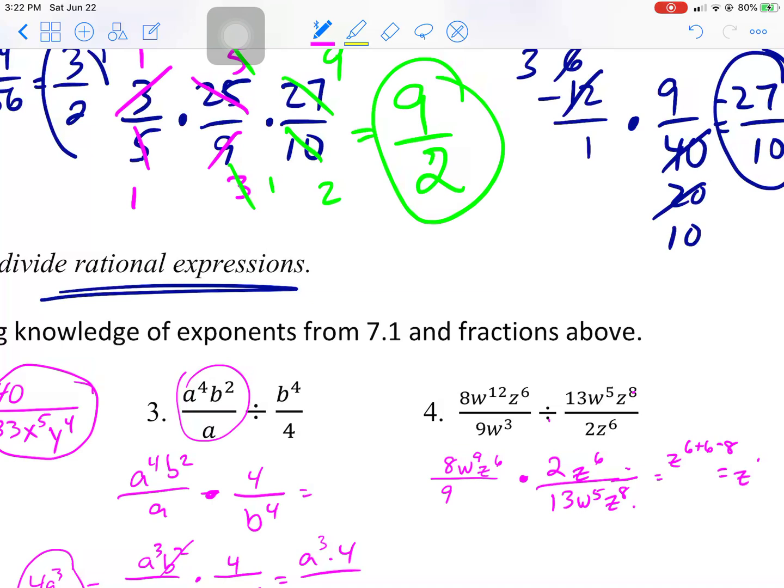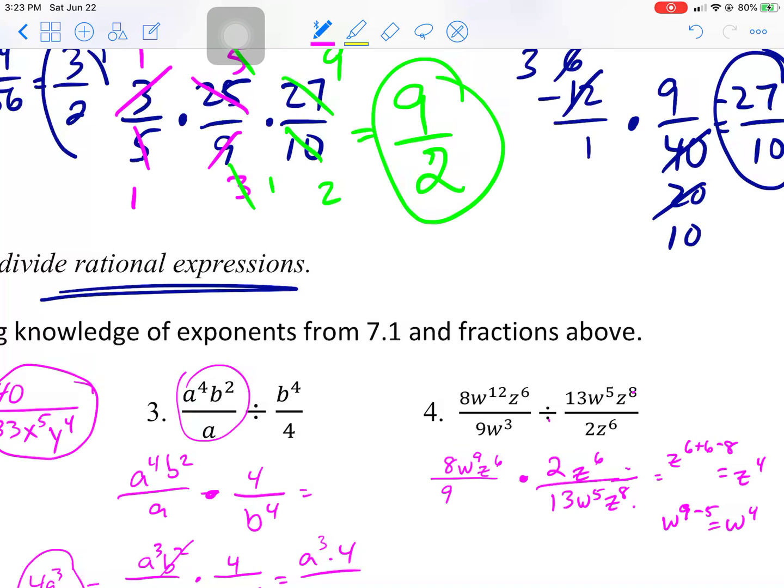I think that's 4, right? Yep, positive 4. And altogether, we've got w's, we got 9 on top, and we got 5 underneath, so that's 4. So these are on top. And then I don't think anything reduces.